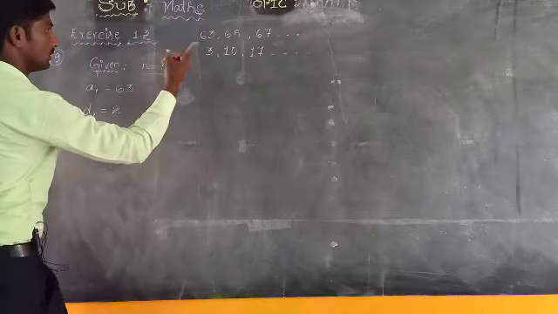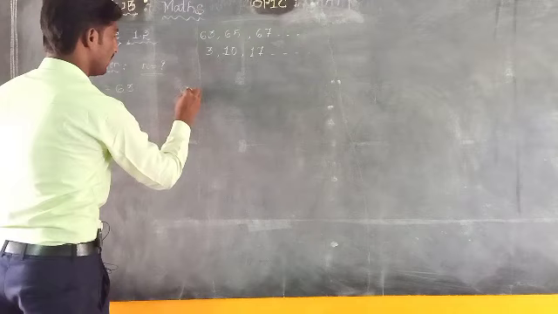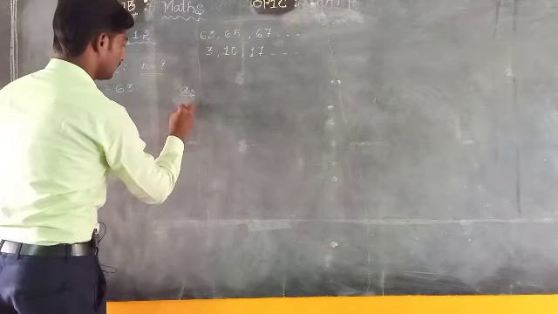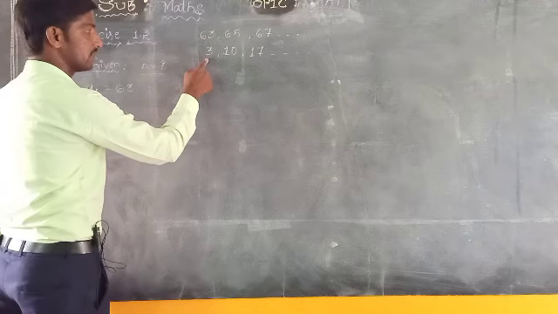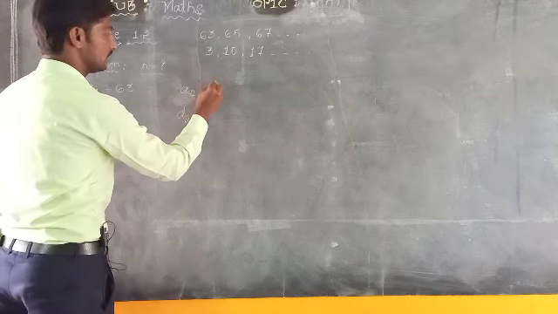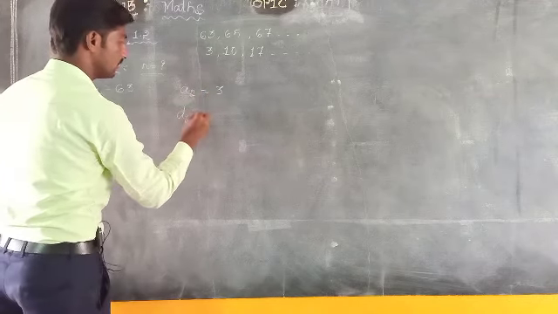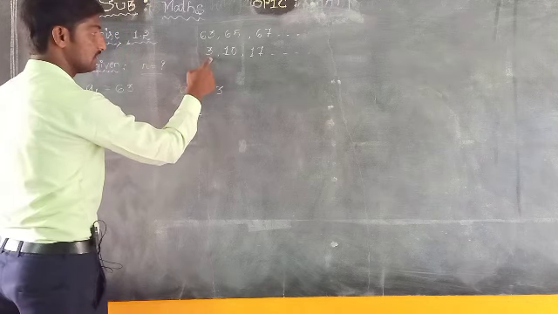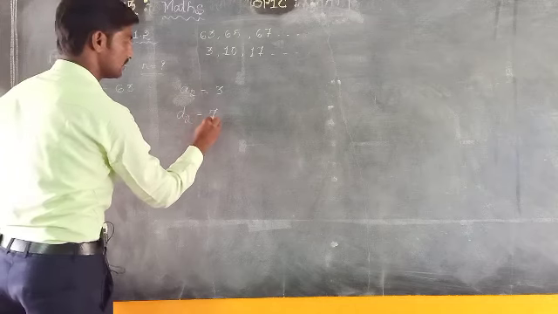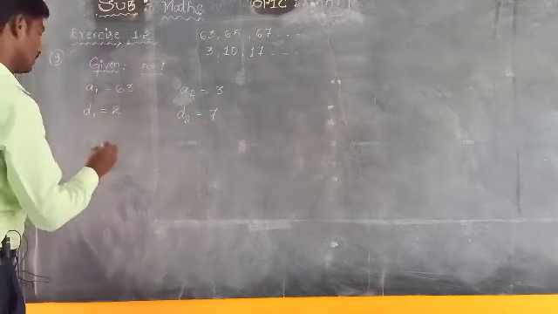Next, I will write A2 and D2. A2 is the first term of the second sequence, that is 3. D2 is the common difference of the second sequence, 10 minus 3, which is 7.